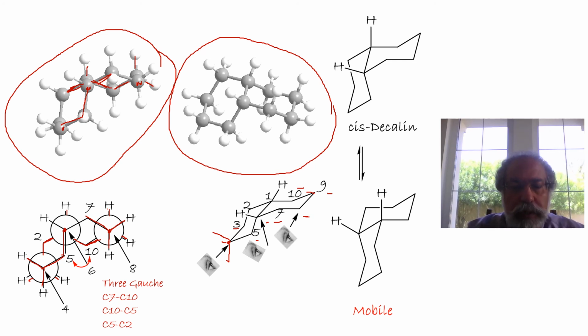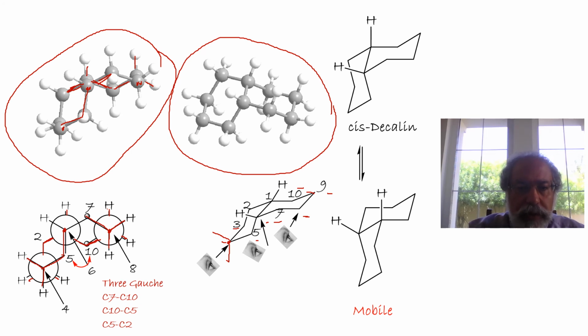Concentrate now with me on that. We have CH2 carbon number 7 and CH2 carbon number 10. They are gauche, angle 60 degrees, right?